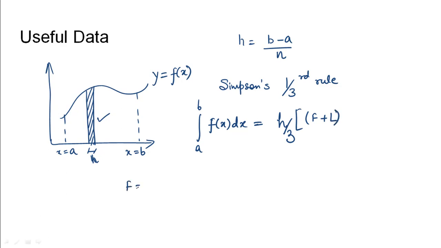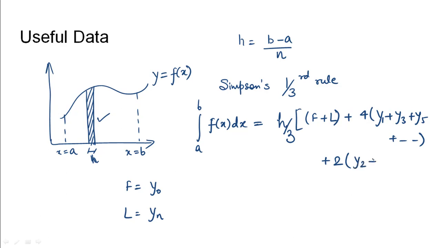The first ordinate will be y0 and the last ordinate will be yn, plus 4 times the sum of odd ordinates, that would be y1, y3, y5 and so on till the end, plus 2 times the sum of the even ordinates, that would be y2, y4, y6 and so on till the end. It is to be noted that the first and last ordinates should not be counted in either of these sections.